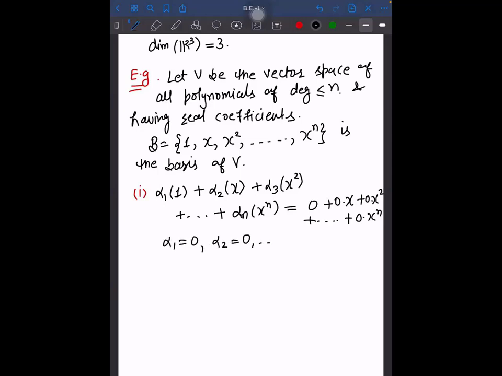Sorry, actually I should write it here, alpha naught. This is alpha 1, this is alpha 2, and this is alpha n. So your alpha naught is also 0.